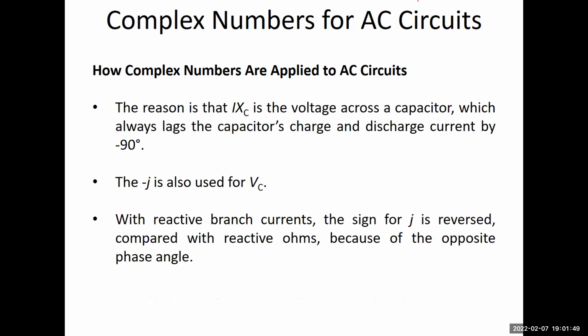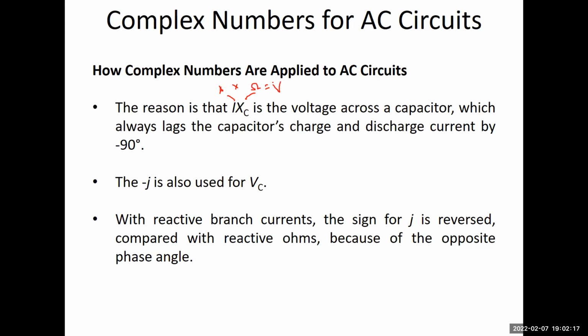Next. So IXC is the voltage across the capacitor. Again, I stands for current, and XC is for the reactance, which is measured in ohms. So ampere multiplied by ohms equals voltage. Okay? So by simple Ohm's law, this voltage always lags the capacitor's charge and discharge current by negative 90 degrees.